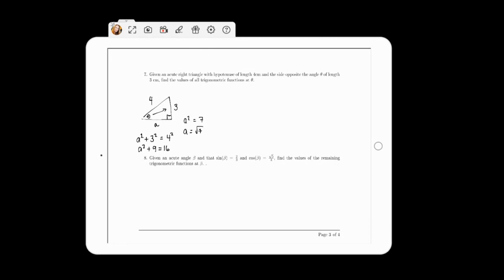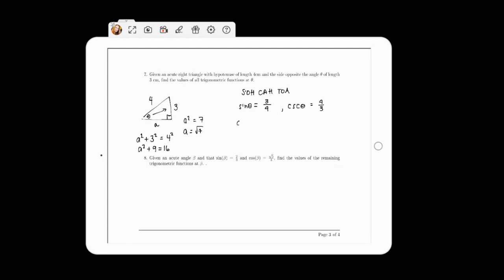And so for me, I'm going to do SOHCAHTOA to get sine, cosine, and tangent. And then I'll use reciprocal identities to find the other 3. So the sine of theta is the opposite side over the hypotenuse side. And because of that, I know the reciprocal of sine is cosecant. So the cosecant of theta is equal to the reciprocal of 3/4, which is 4/3.